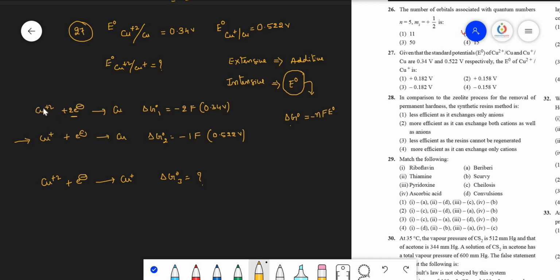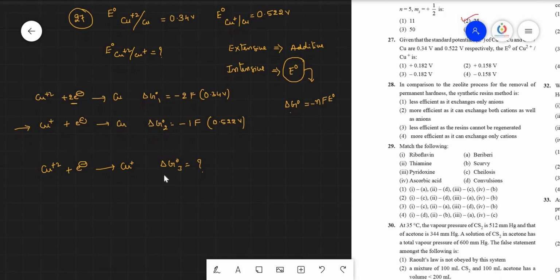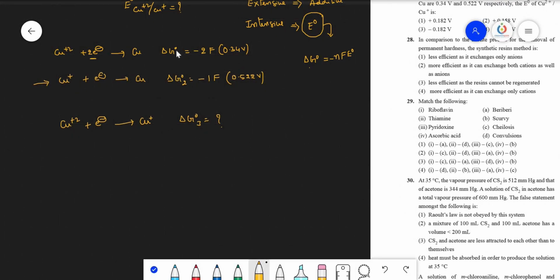In the first equation, Cu plus 2 is on the left hand side, as in the target equation, so we need not change it. Reversing the second equation makes its value negative, so when you add it, you are automatically subtracting delta G0 2 from delta G0 1. That gives the delta G0 3 value.